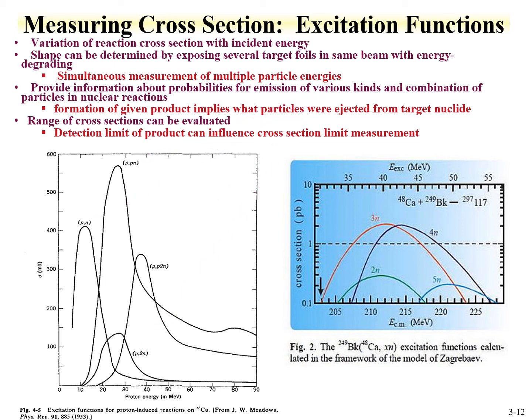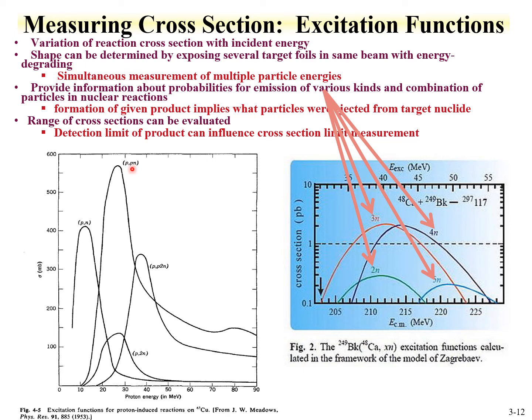So we see that we can provide that for a reaction with many different outcomes, or different particle outcomes, for instance a proton or a neutron. And here's an example of a reaction where we just get 2, 3, 4, or 5 neutrons out.